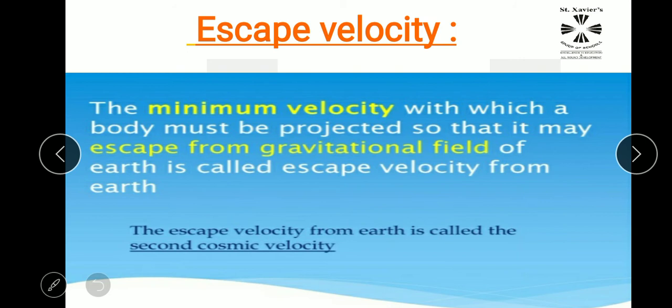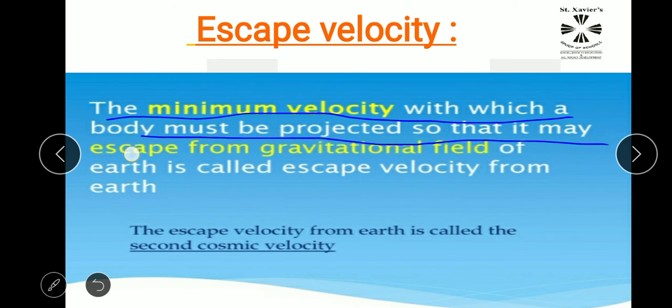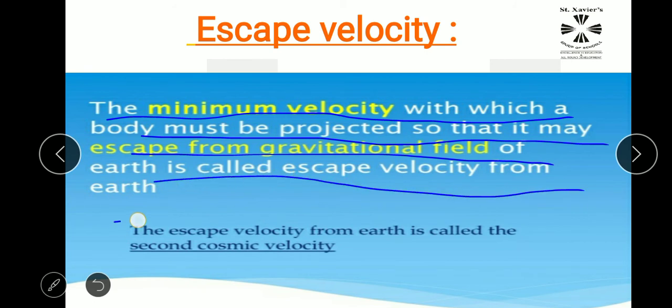So we are having the definition: the minimum velocity with which a body must be projected so that it may escape from the gravitational field of Earth is called escape velocity from the Earth, students.